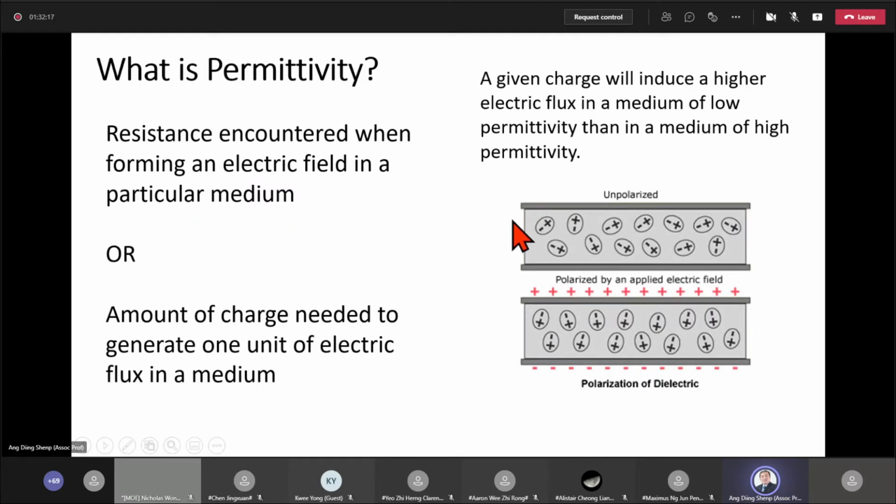Now, this can be illustrated using this diagram here. In any medium, whether semiconductor or something else, it is always possible for an applied electric field to result in polarization of the medium. What does that mean? In some materials, we have dipoles. For example, take a compound semiconductor such as gallium arsenide.